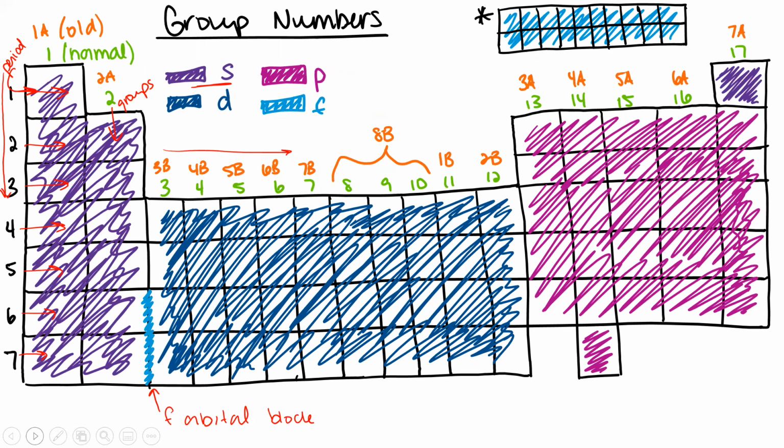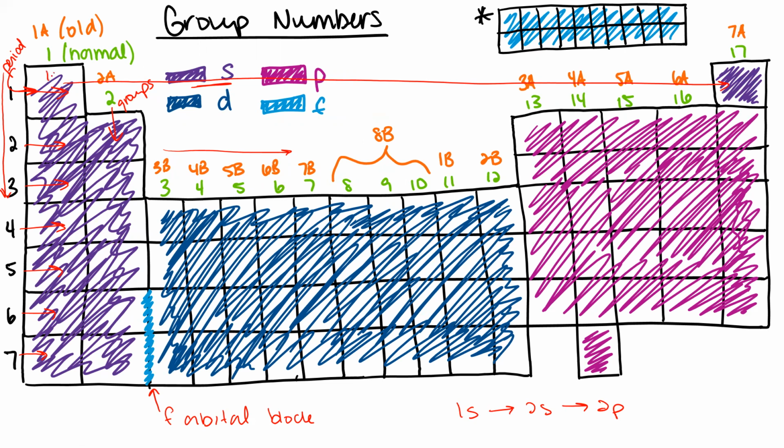To also give you an idea, we add on the 1s, and then we add on the 2s, and then we go to the 2p, because across here, if you notice, these are all s orbitals. We fill this direction like this.